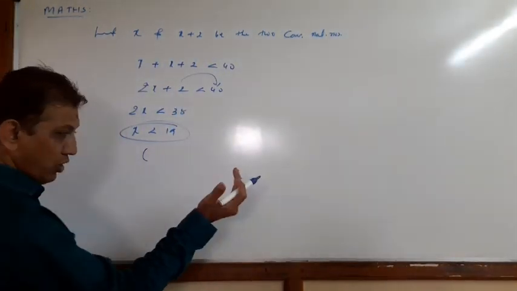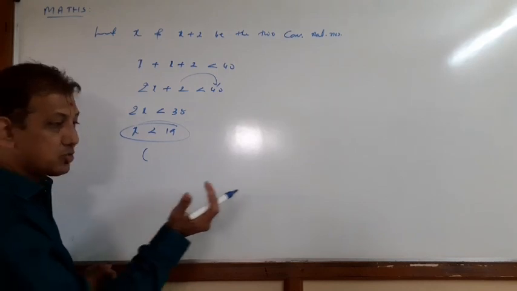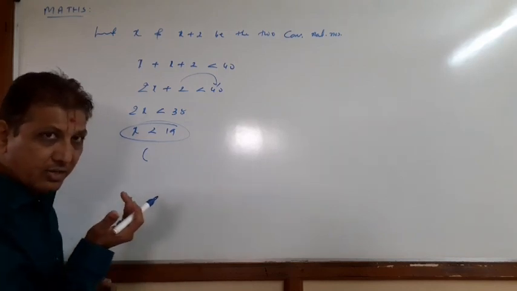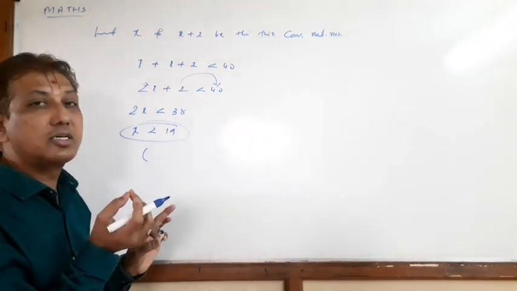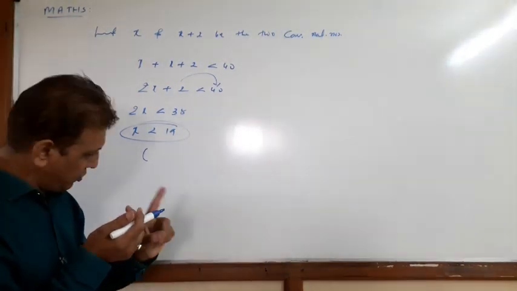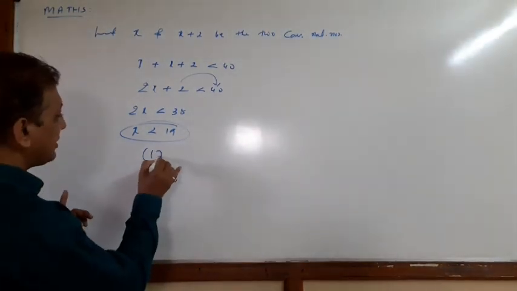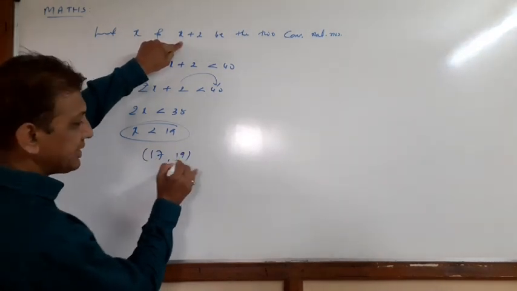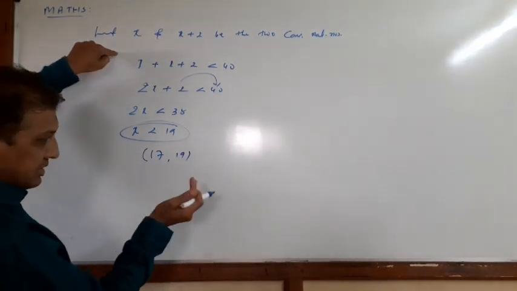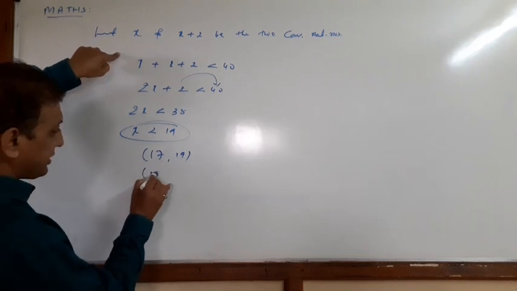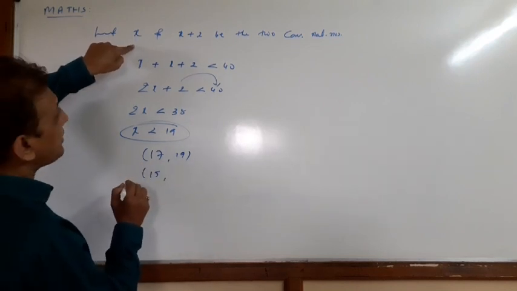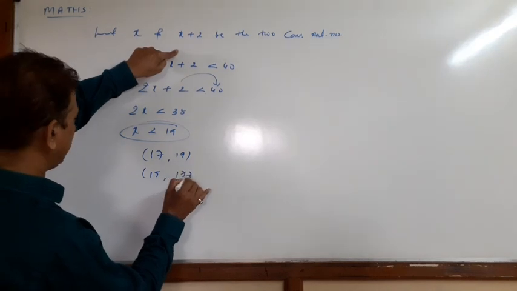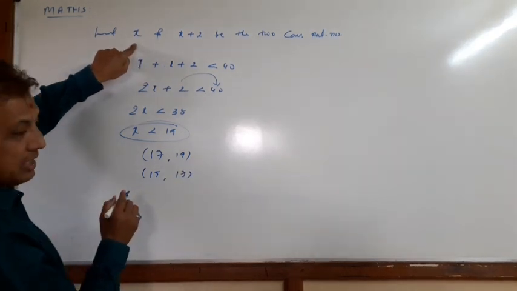Now, smaller than 19, which odd number? 18? No, 17. Put 17 and 17 plus 2, 19. Then 16, no, 15: x equal to 15 and 17. Now 14 possible?